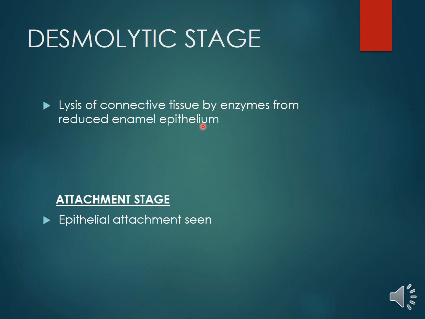Once the overlying collagen is degraded, it helps in the eruption of the tooth. Another function of the reduced enamel epithelium is that it protects, and that's why we have the protective stage. It prevents the deposition of cementum on the enamel. Otherwise, if there were no reduced enamel epithelium, cementum from the dental sac would have formed on the enamel surface.